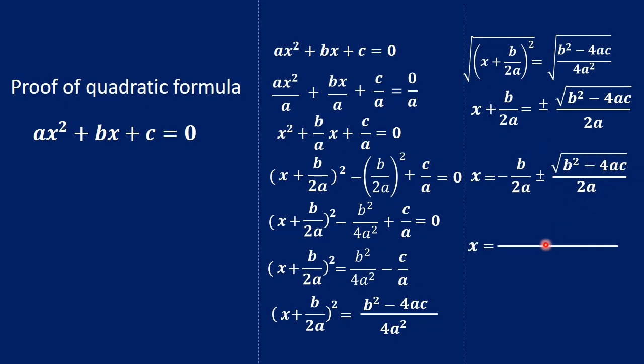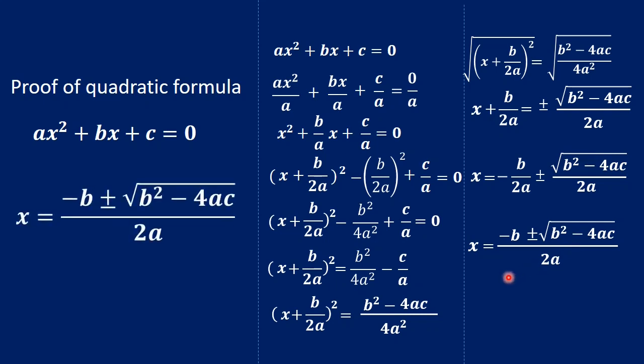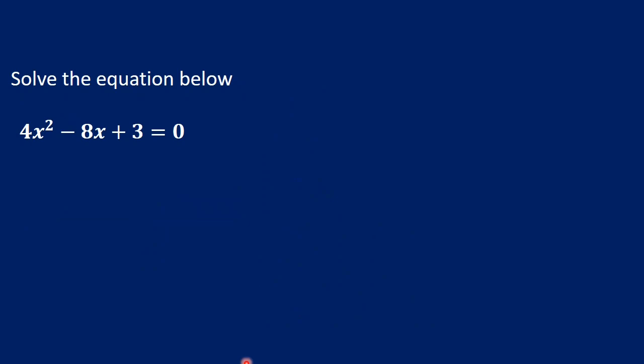And let's take the LCM over here, which is 2a. 2a goes into 2a 1. 1 times negative b is negative b. 2a goes into 2a 1 again. 1 times this is the same thing. So we have x is equal to negative b plus or minus square root of b squared minus 4ac all over 2a, which is the quadratic formula.